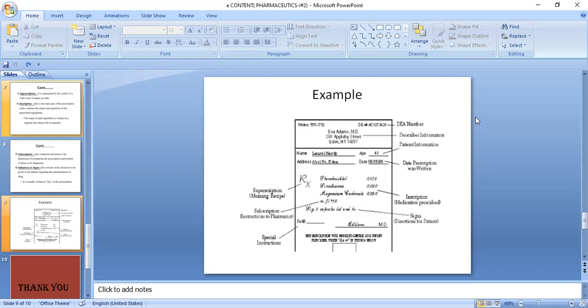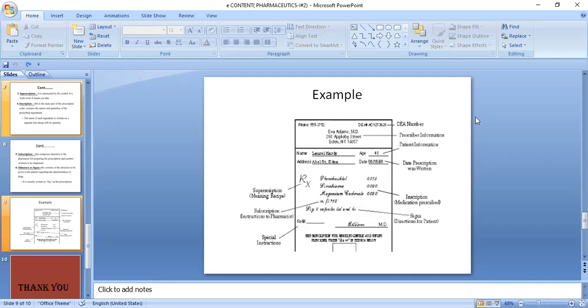Then it consists of the inscription, which consists of the name of the drug and the quantity given on the right. The subscription is mainly instruction to the pharmacist, and then instruction to the patient. So this is a sample by which you can understand the different parts of the prescription as I discussed earlier.